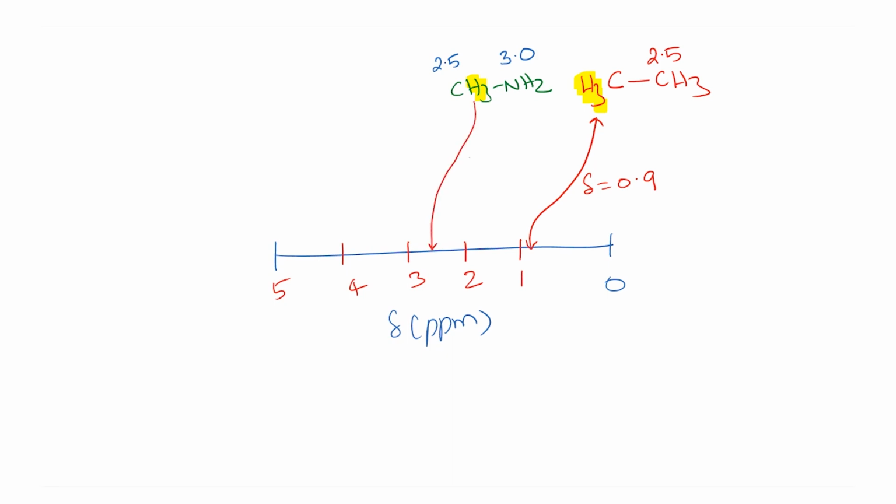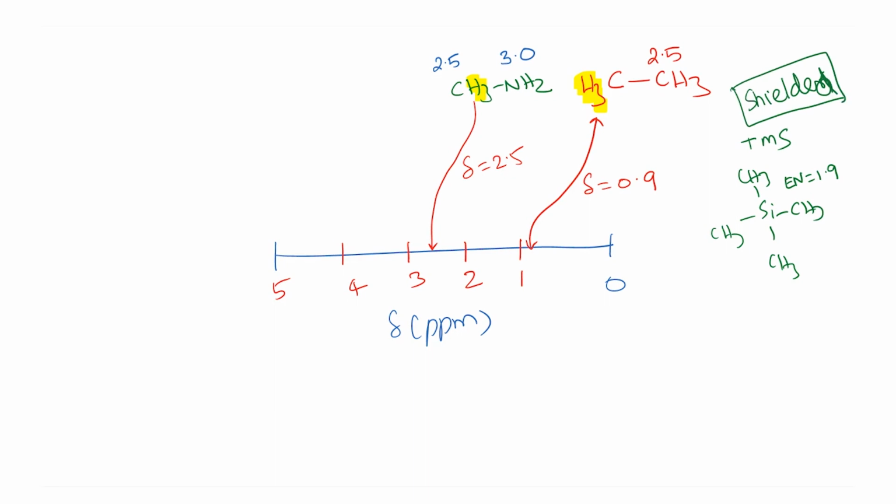Is this a surprising result? Let us analyze that. What we discussed earlier was tetramethyl silane, which is silicon next to four CH3 groups. The hydrogens show up at 0, and the electronegativity of silicon is 1.9. What we figured out is that the hydrogen next to a less electronegative group is going to be more shielded, whereas the one which has an electronegative group on it is going to be more deshielded.